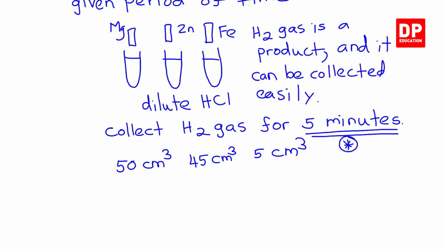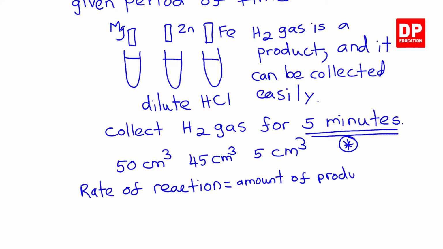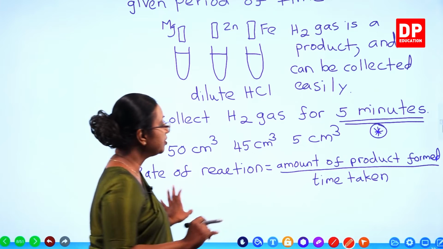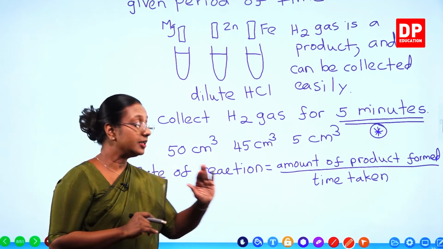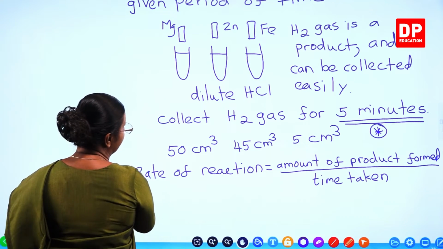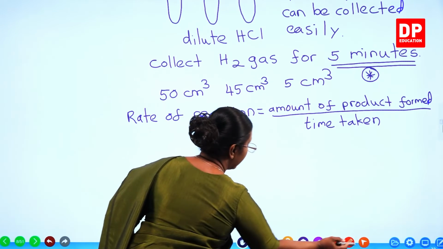So to do that, how do we calculate rate of reaction? Rate of reaction equals amount of product formed divided by time taken. So here, since the time is the same, you don't even have to divide. But if you divide, you will get the value easily. So you can understand.